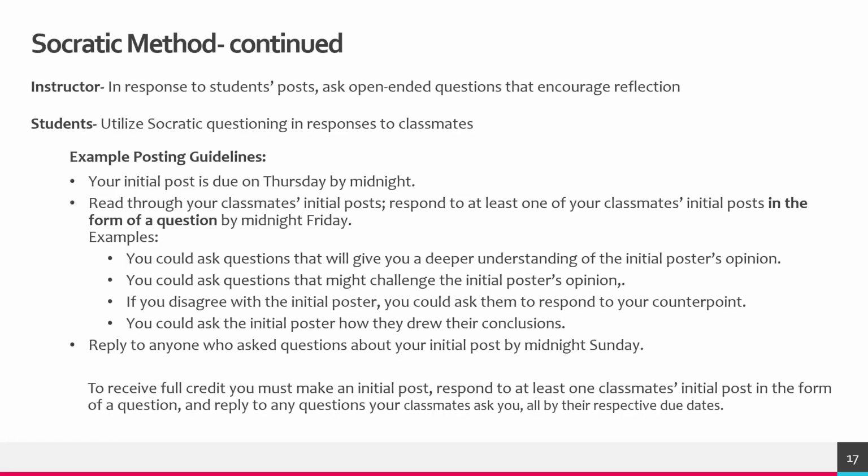So this has nothing about how many times students have to reply. It has nothing about word count, but if it is used correctly, if students participate correctly, it would be a really thorough, deep discussion, much deeper than a discussion that says reply in 150 words, you must post 3 times.